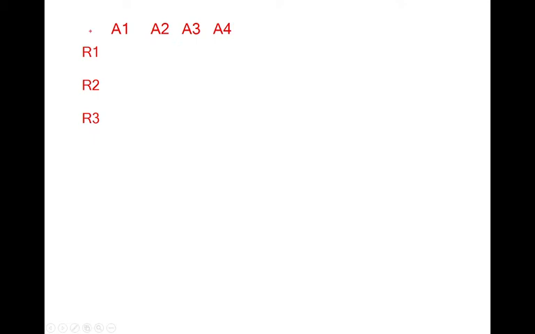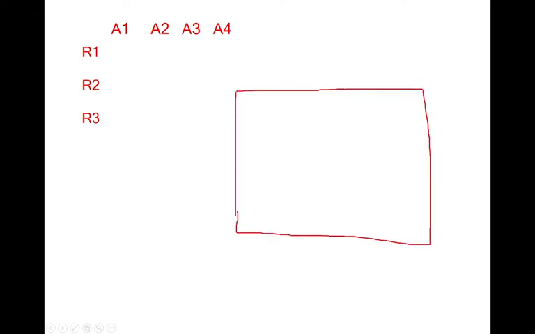Now, what will we do to find the dissimilarity matrix? We will make a matrix like this. The first row or first cell of the matrix will be like this: R1, R2, R3, and these are the rows, and the columns will again be R1, R2, R3.